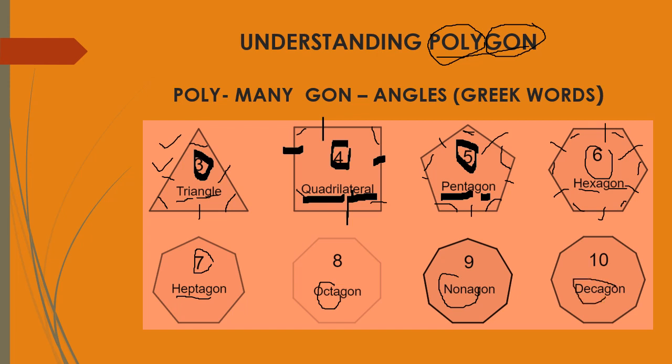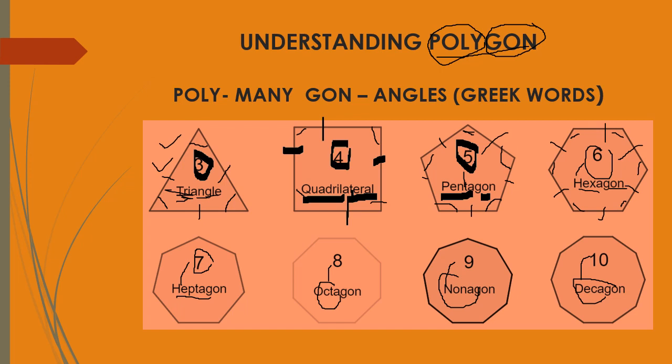So you can easily remember these things: tri stands for 3, quadri stands for 4, penta stands for 5, hexa stands for 6, hepta stands for 7, octa stands for 8, nona stands for 9 and deca stands for 10. If I ask you to draw a hexagon, can you draw it now?